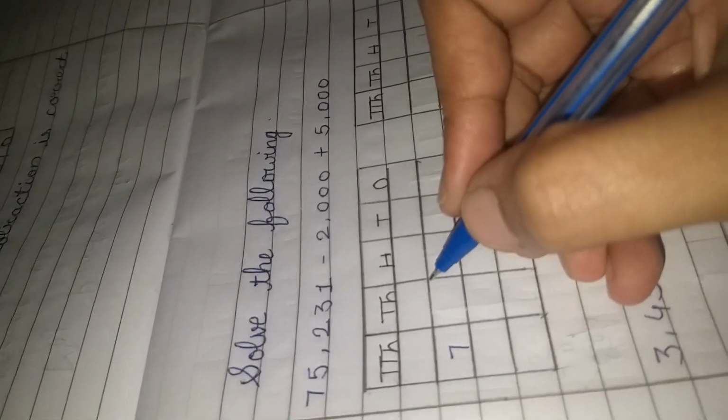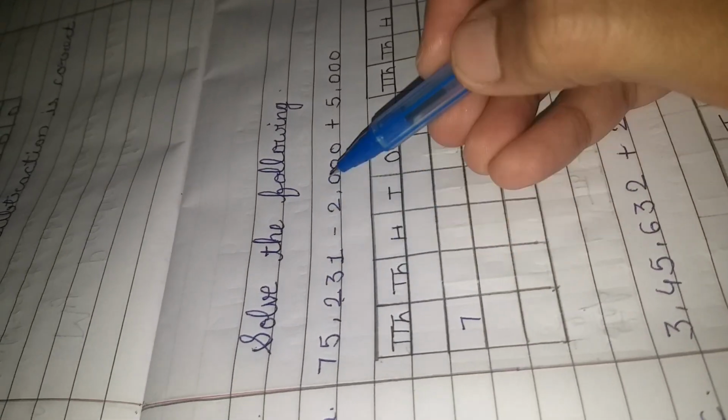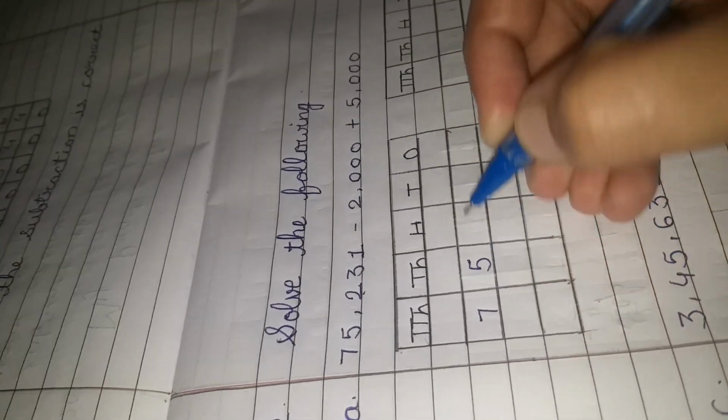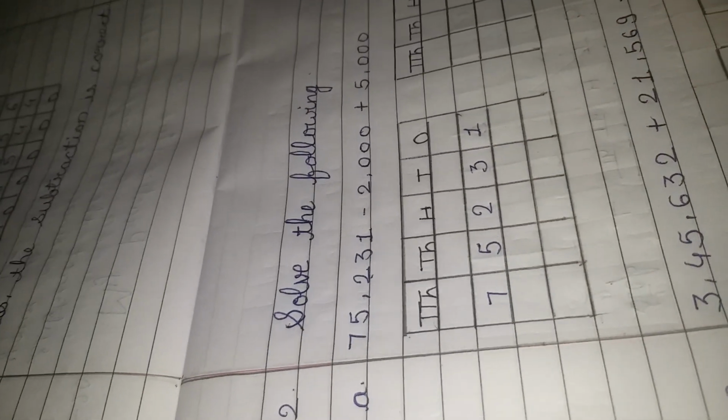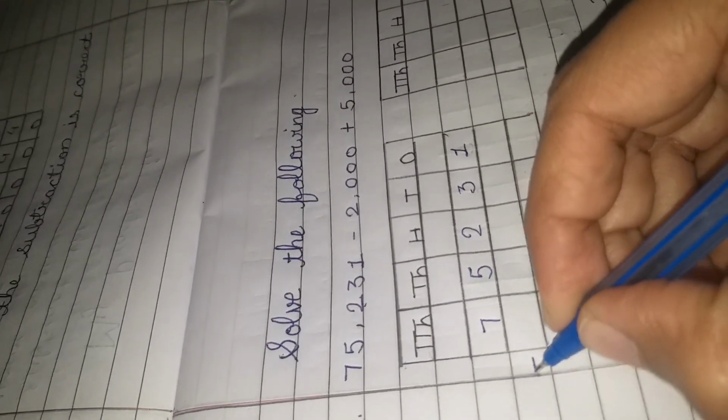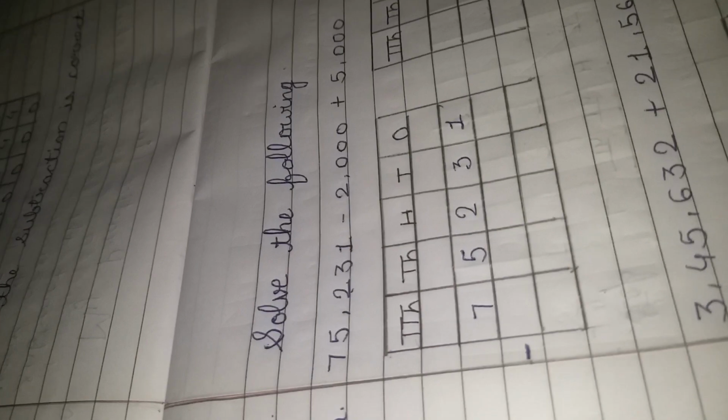First of all, subtraction. So these two numbers we are going to subtract. 75,231. You also write with me. You have not drawn the boxes, right? So you can pause the video and draw the boxes.